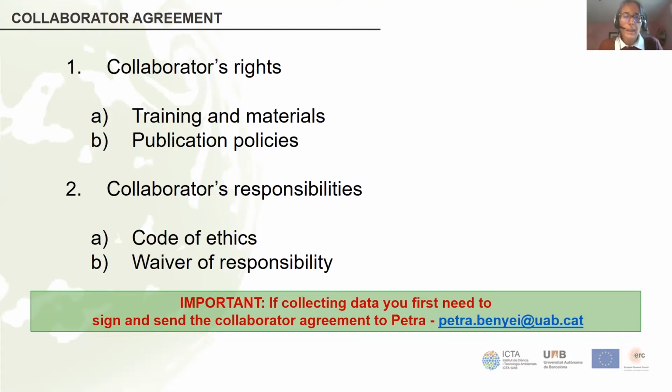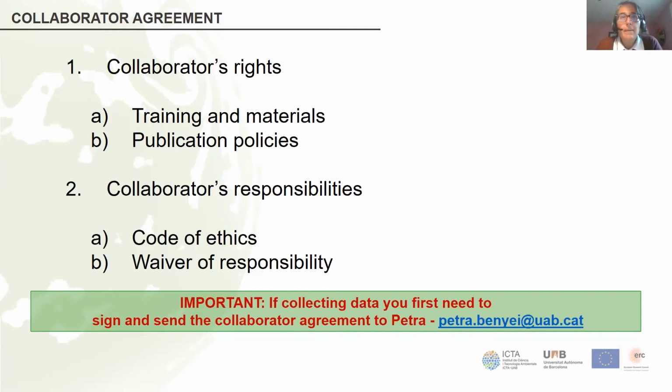The other thing is all this discussion about publications, and Petra has sent you the publication policies that we have. There have been many discussions about that, because we want both to recognize everybody and be inclusive, but also to maintain fairness, in the sense that some people are putting a lot of energy into this, and that's not the same for everybody.